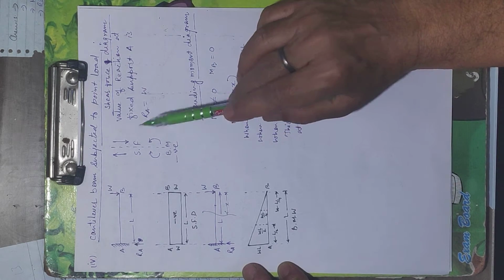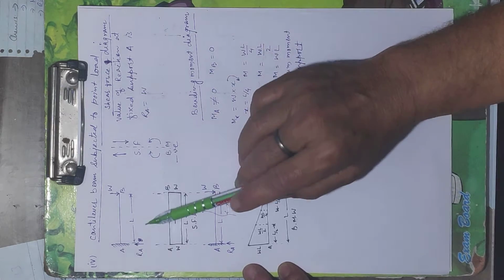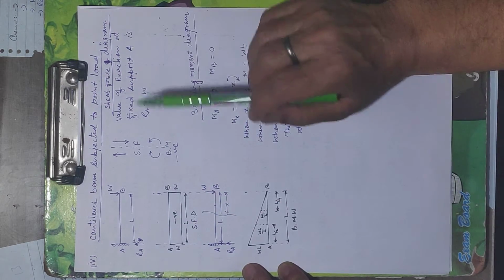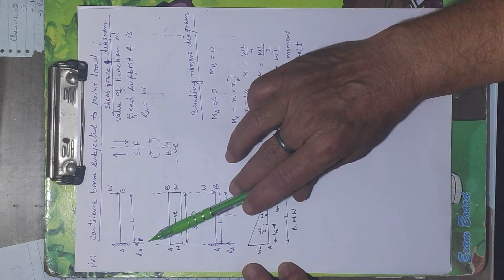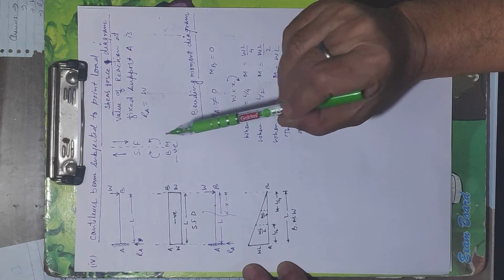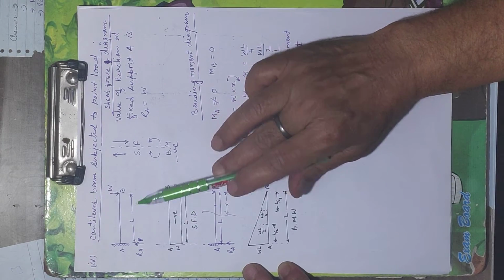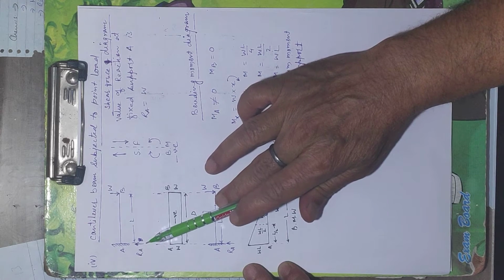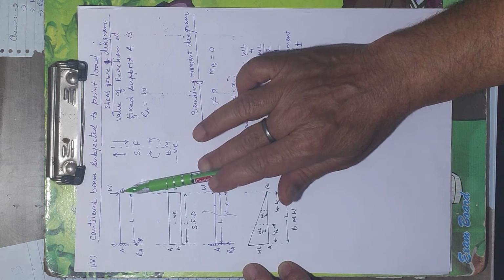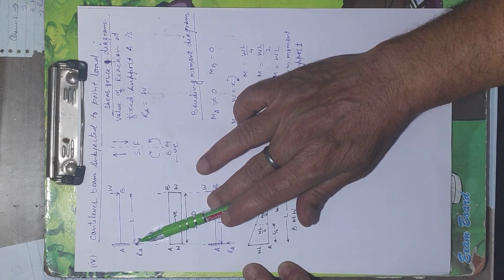Second part, first part is sign convention, second part is calculating the value of reaction. Reaction means support. The load which is coming on the beam is supported by how many supports? Here only one support is there, because one end is free and one end is fixed.